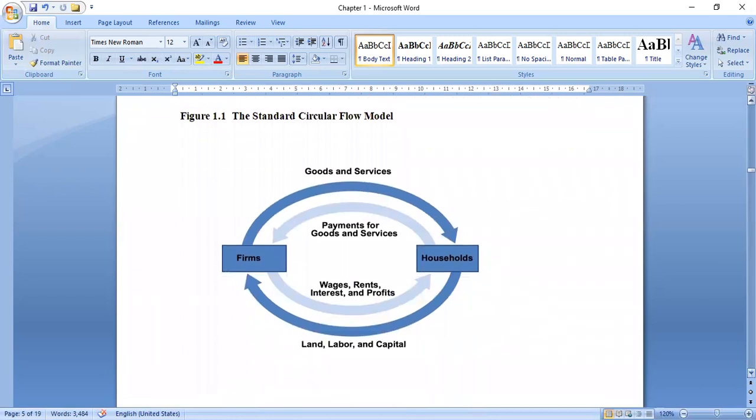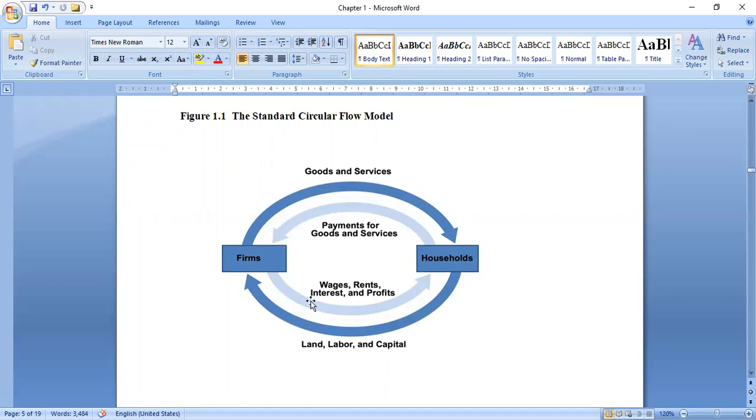And I believe that we have looked at this circular flow when we were looking at macroeconomics, if you can remember. So let us first look at the circular flow model, and later on we shall see how it can be related to the environment.